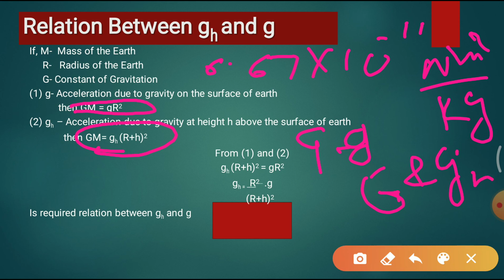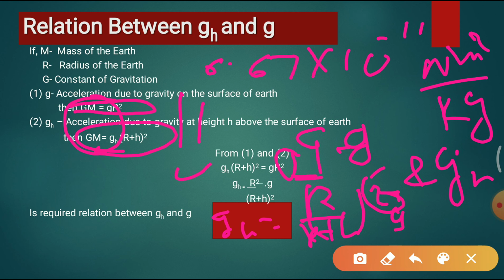Now, by equating these two values of G M, we get g h into R plus h whole square is equal to g R square, where here it is capital R. So what do we get? g h is equal to R square upon R plus h whole square into g, which means g h is equal to R upon R plus h whole square into g.